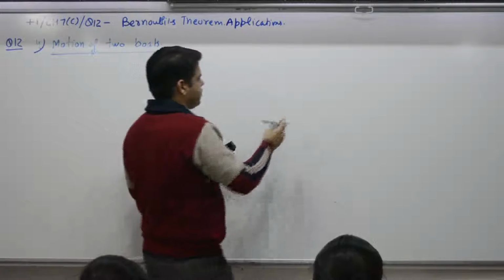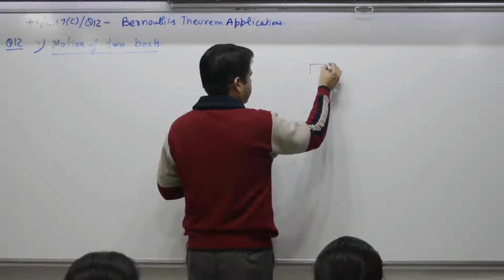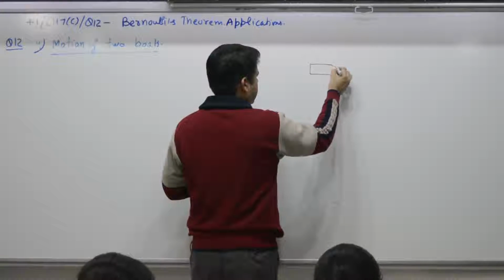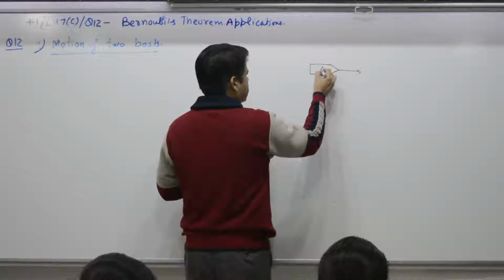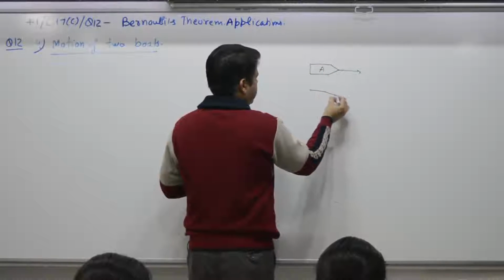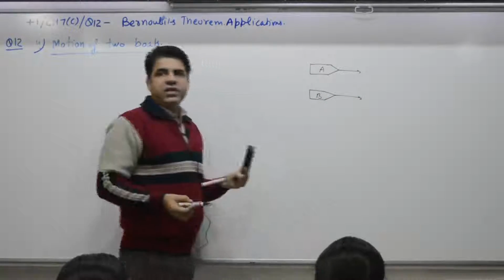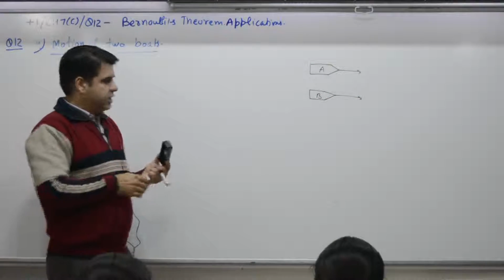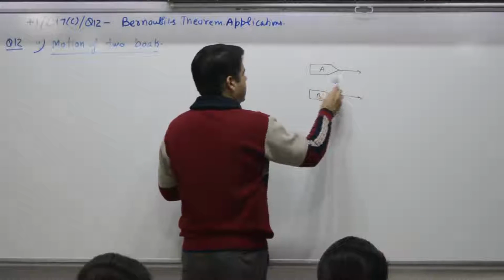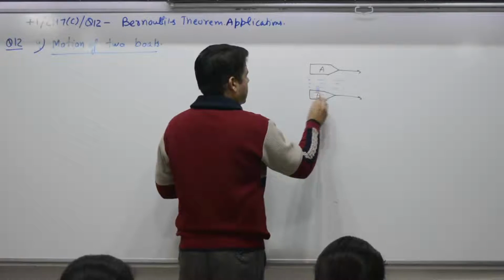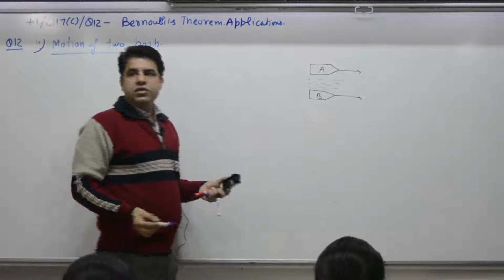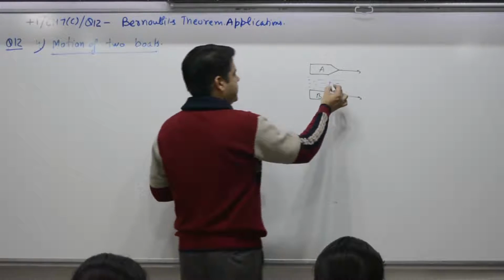If two boats are moving parallel to each other, boat A and boat B, at a very high speed, then the water in between the two will also have a high speed.